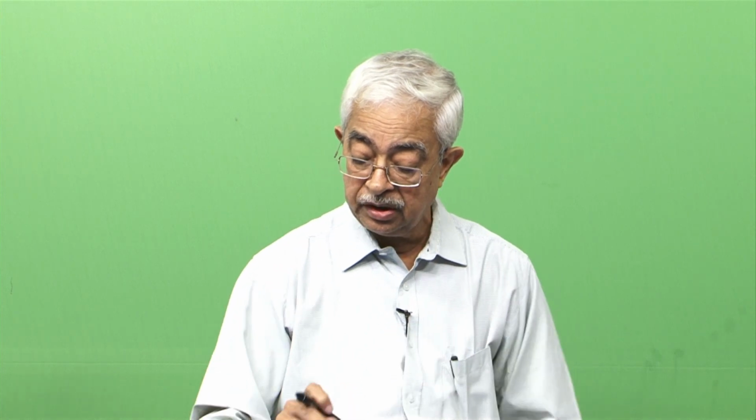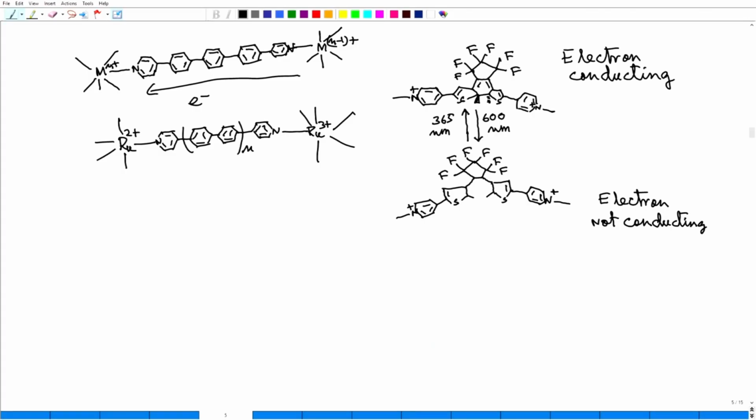Okay. So, this is a very important supramolecular design, where it is acting really like a switch. You heat it with 365, electron will conduct from here to here.